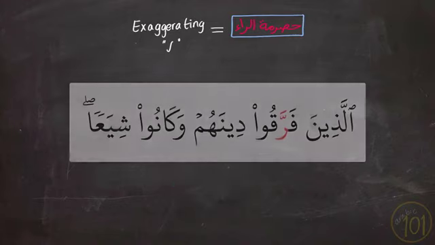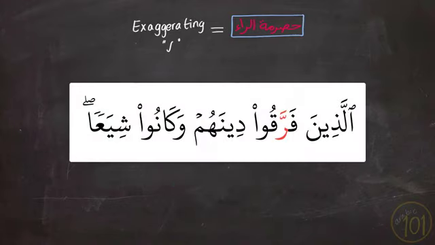One more example. الذين فرقوا دينهم وكانوا شيعا. Now, of course, here I have to say الذين فرقوا, not فرقوا.